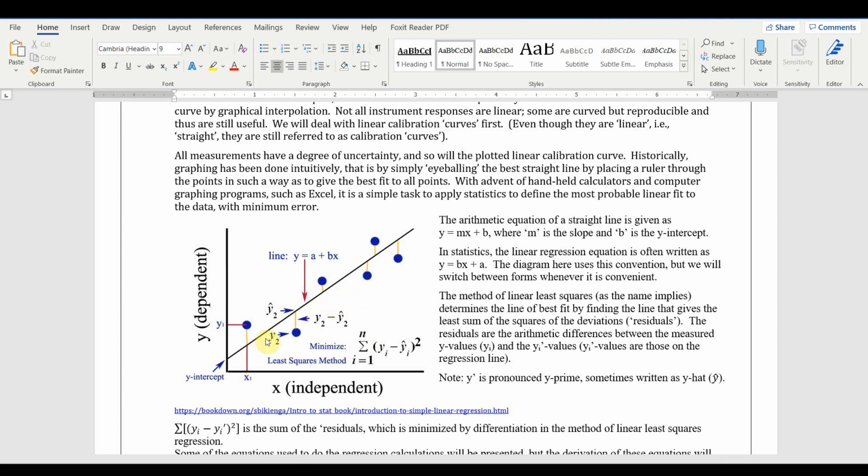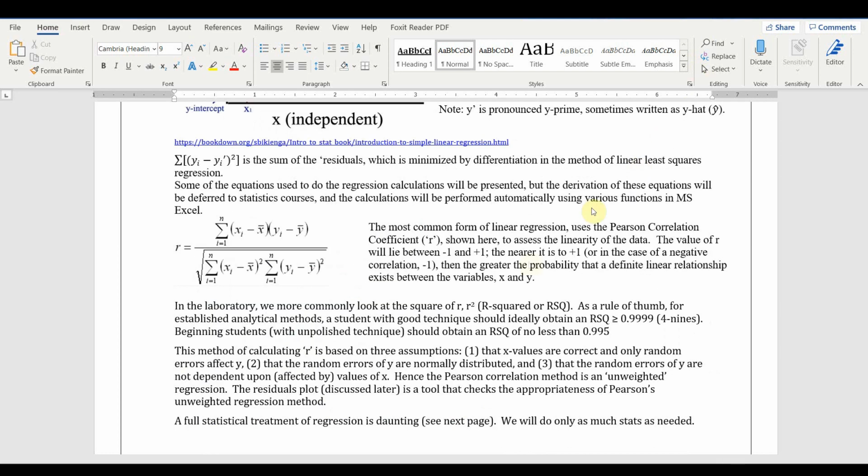And the line that gives the least sum of the squares of the differences is the line of best fit. Some of the equations used to do the regression calculations will be presented, but the derivation of these equations will be deferred to statistics courses, and the calculations will be performed automatically using various functions in MS Excel.